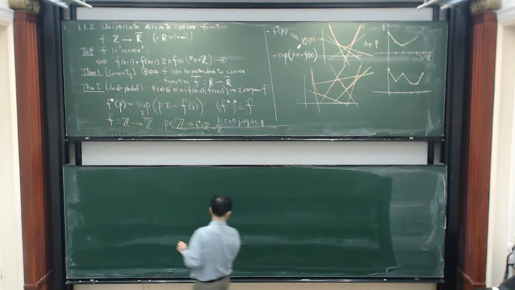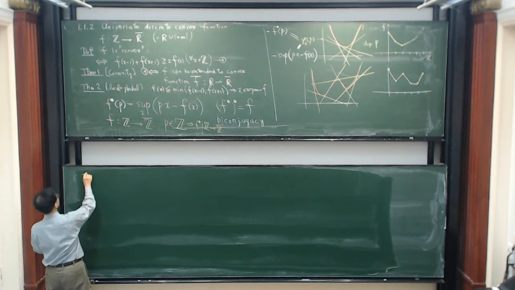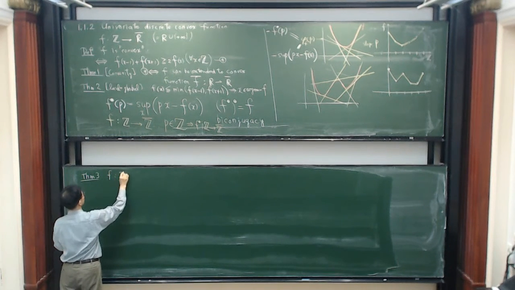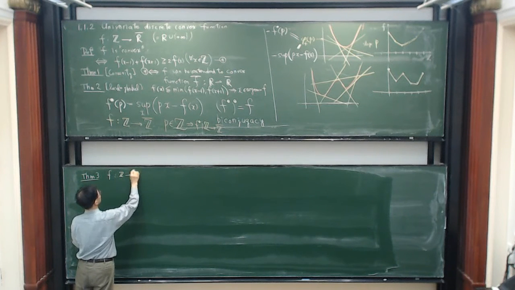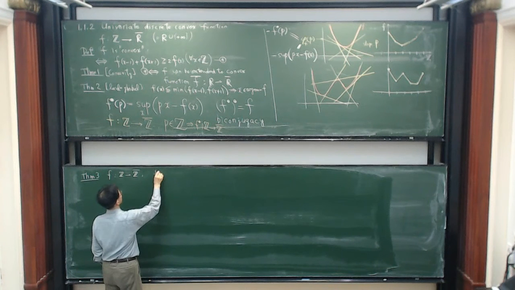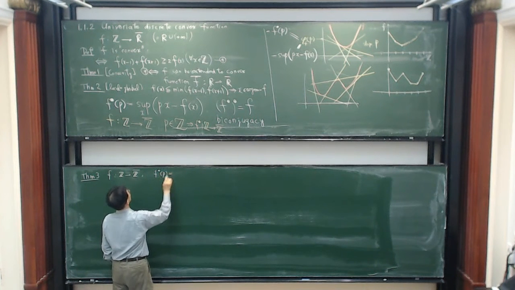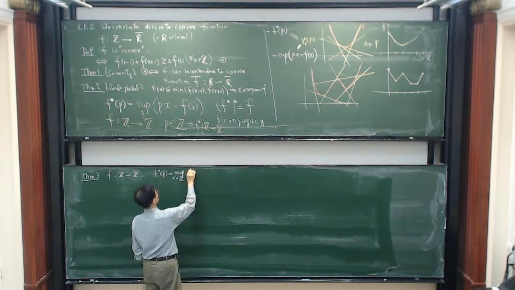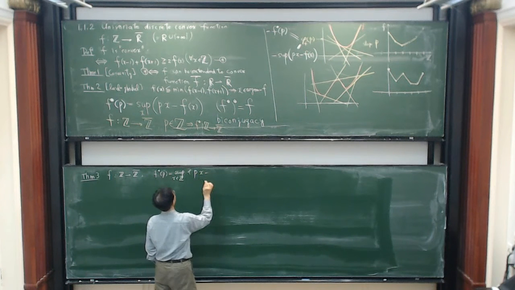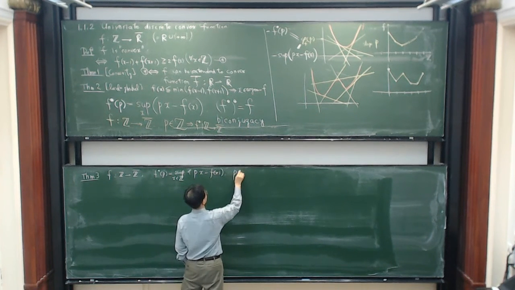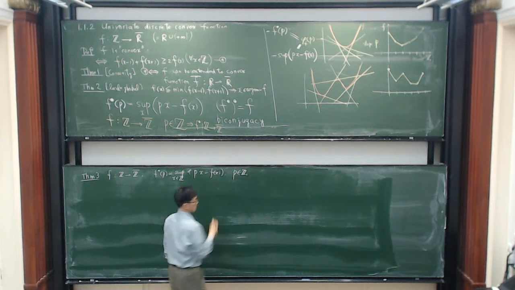Now, I'll state this as Theorem 3. Now f is assumed to be integer valued, and then define this function by the supremum over x, where x is now an integer, of px minus f of x. Now p is an integer.